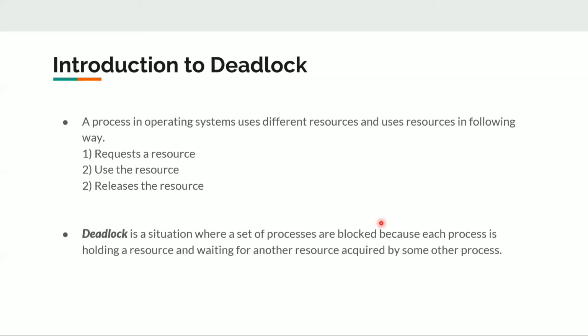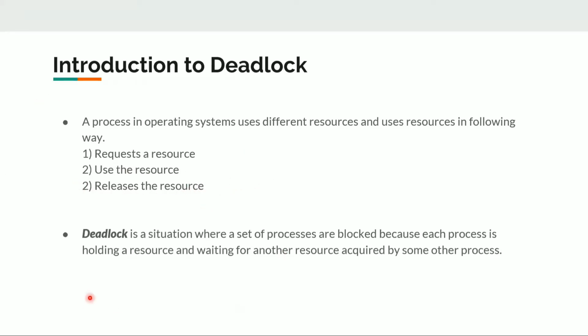First of all, the process requests the operating system that it wants to access the particular resource, and after requesting, if the resource is free, the operating system assigns the particular resource to that process. After the request, it uses the particular resource, and when the process gets completed or it gets preempted, it releases the resource. Okay, this is the general way it works.